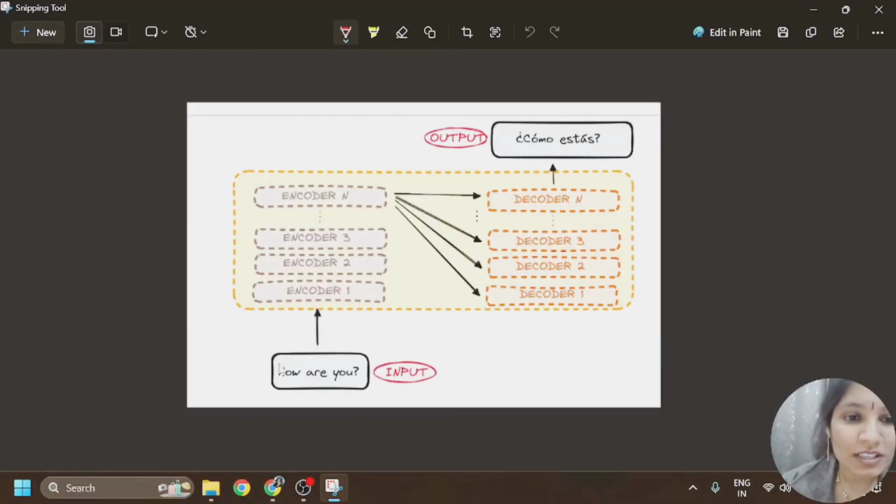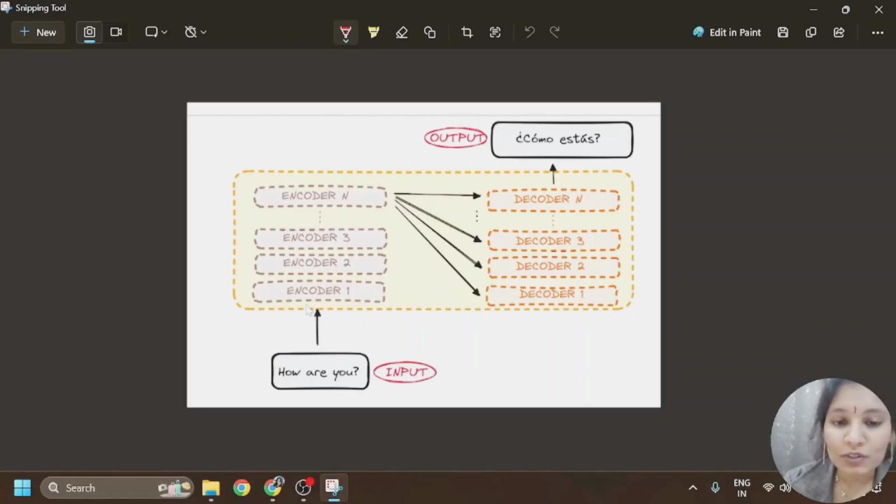Here you can see, I already said that we have encoders and decoders. In the original architecture it consists of 6 encoders and 6 decoders, but we can replicate as many as we want.